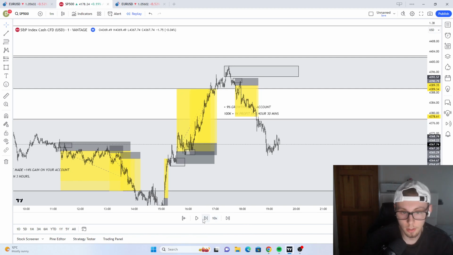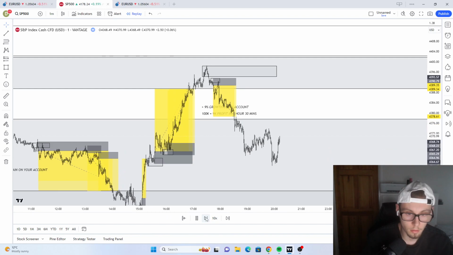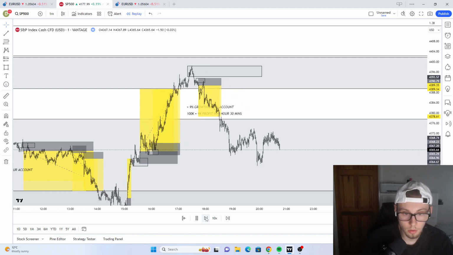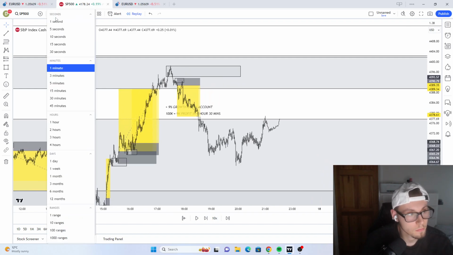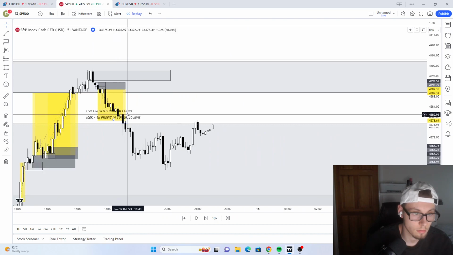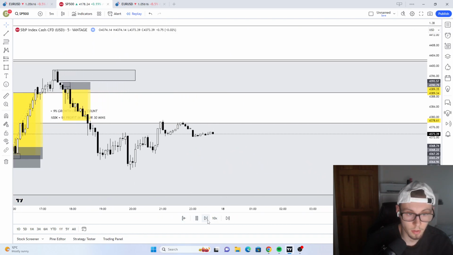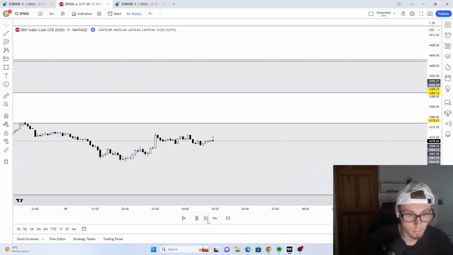I can play price action real quick just to show you guys that it's going to come down, probably even more. We're not entirely sure. If we play on the 5 minute, we end up coming down and should come down even more.